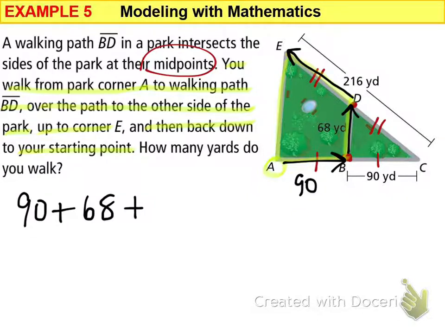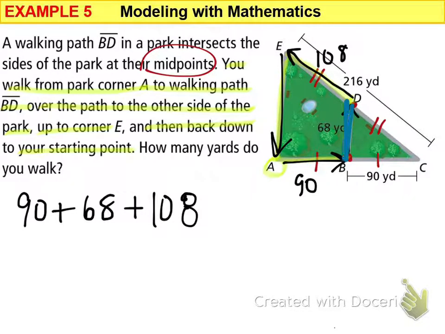Divide by 2, and that is 108. And then back down to where I started. 68 times 2. Good. Because they're parallel to each other, and BD was the midsegment. So 68 times 2 is 136. Then we add them all together.